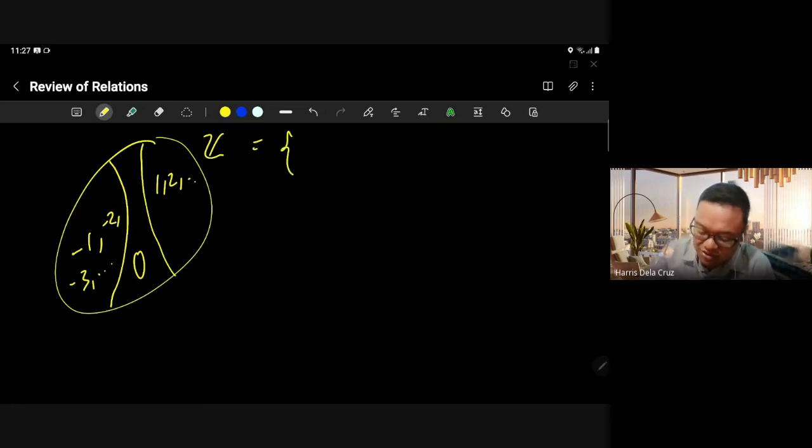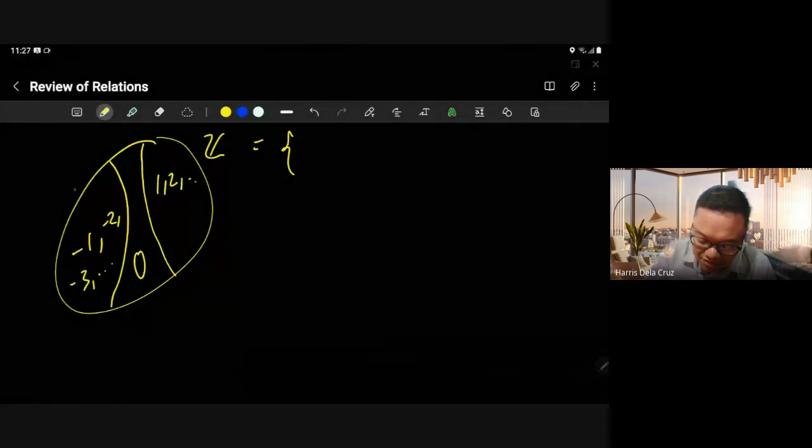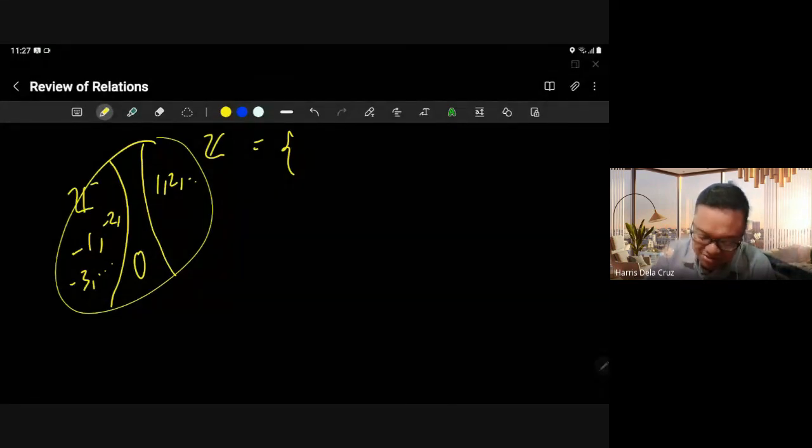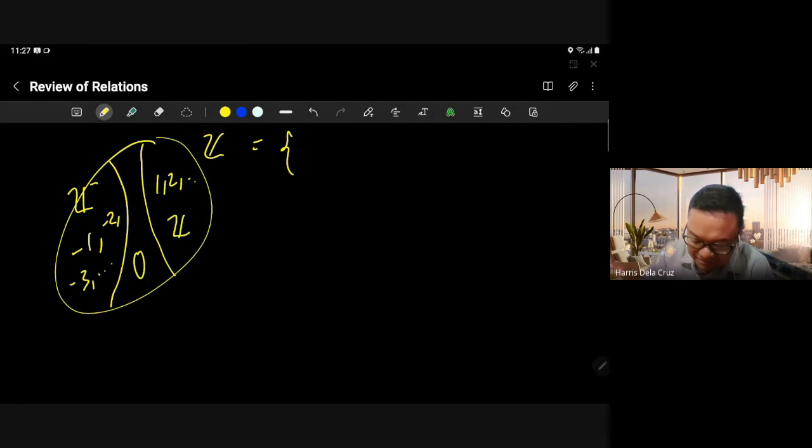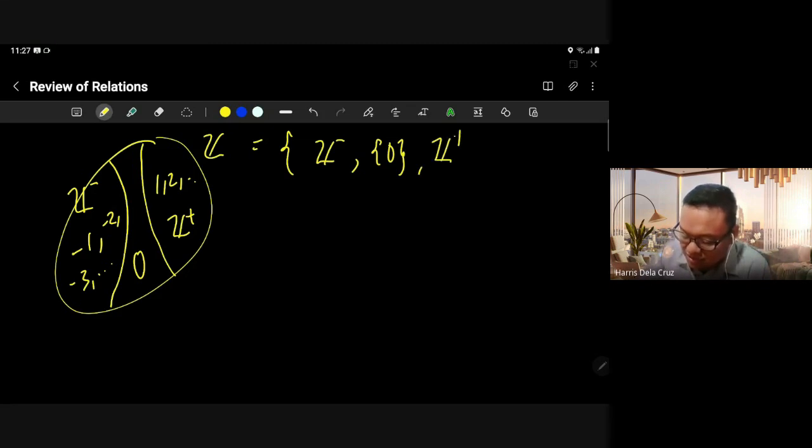Ano yung partition na yon? So, tawagin ko tong Z minus, tawagin ko tong Z plus, okay? Tapos tawagin ko tong 0. Ayan. So, the set containing the negative integers, the set containing the 0 element, and the set containing the positive integers. So, that's a partition. Right? This is a partition.